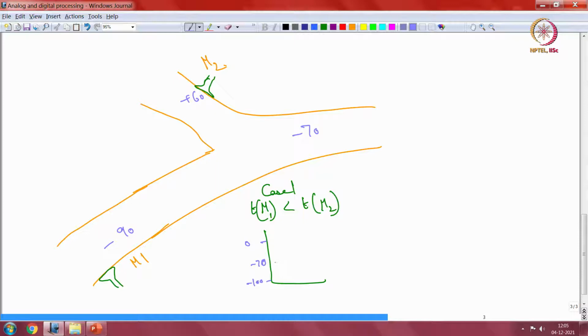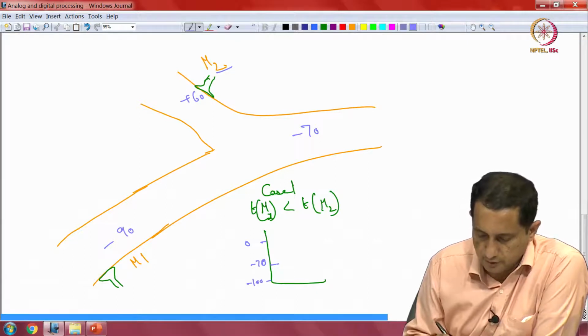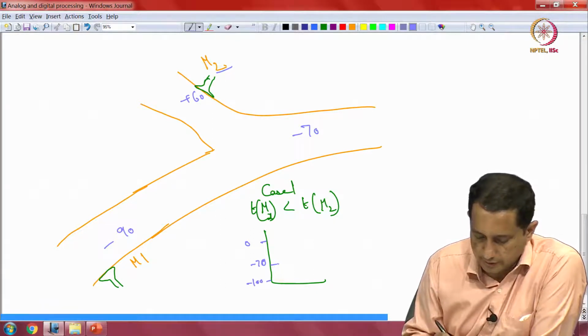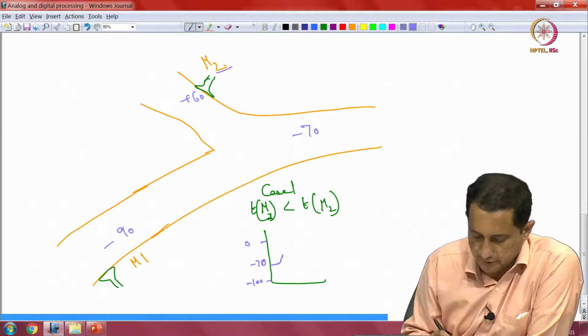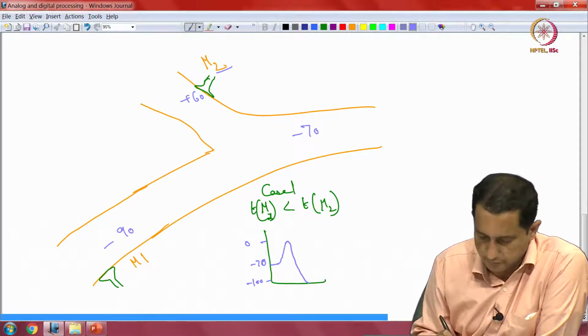So, how did the signal look? It started at minus 70 because the signal at M2 arrived earlier. I said that it will go up to minus 10 all the way, and then it drops down to minus 100.